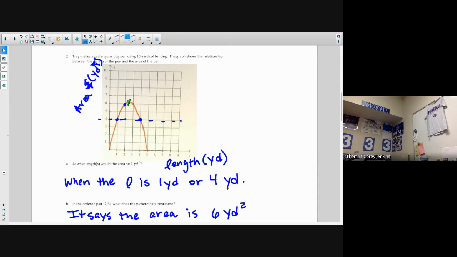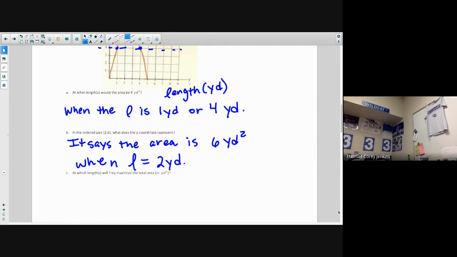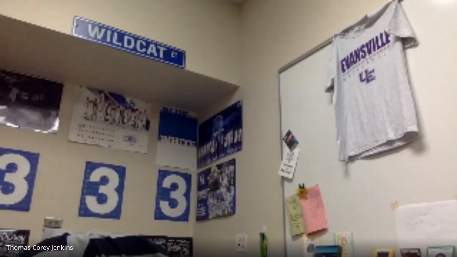We maximize our area at, whatever it is, okay? So we'll say when L equals 2.5 yards, the area is max.